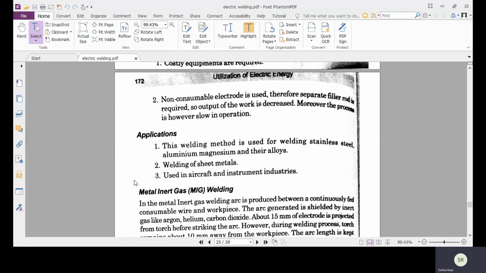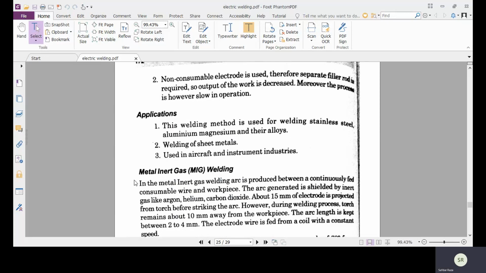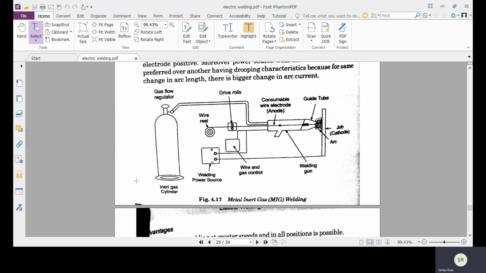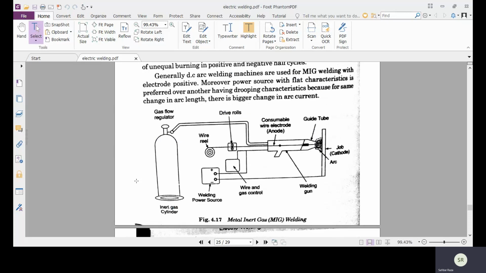Now we will move towards another topic, which is metal inert gas welding. This is the figure of metal inert gas welding. Here is the job, which also acts as the cathode. This is the arc which is produced here.